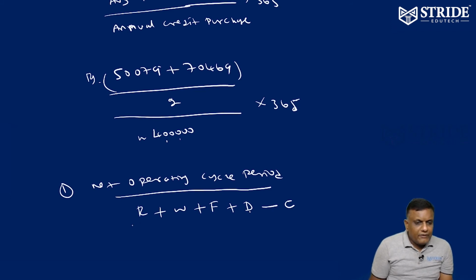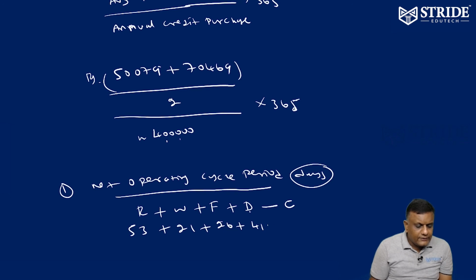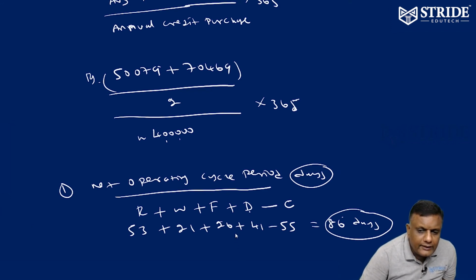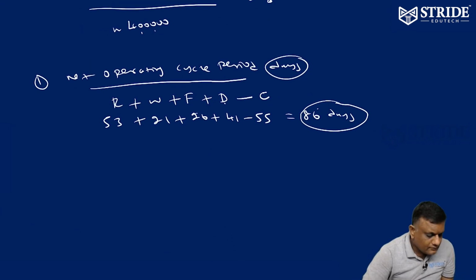Raw material 53 days, work in progress 21 days, finished goods 26 days, debtor period 41 days, creditor period 55 days. After adjusting you will be getting 86 days. First question, net operating cycle period is 86 days.